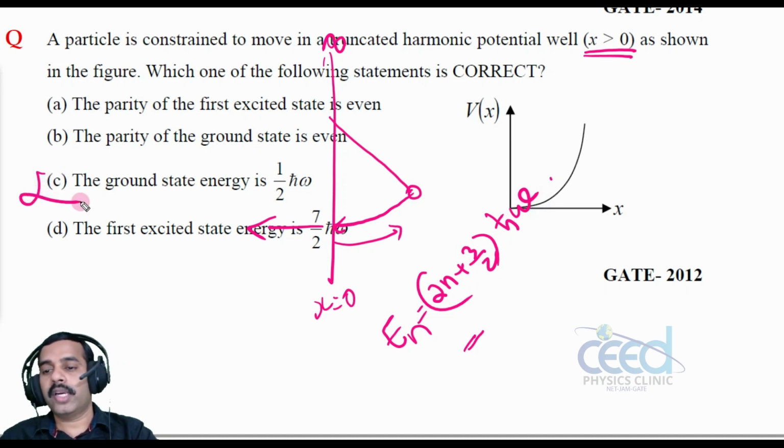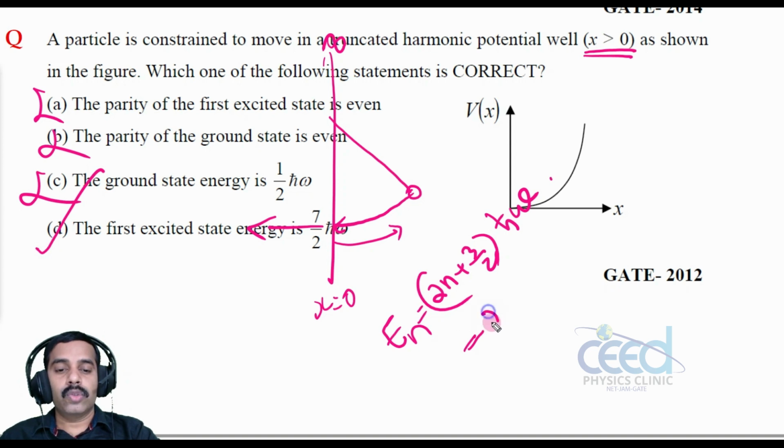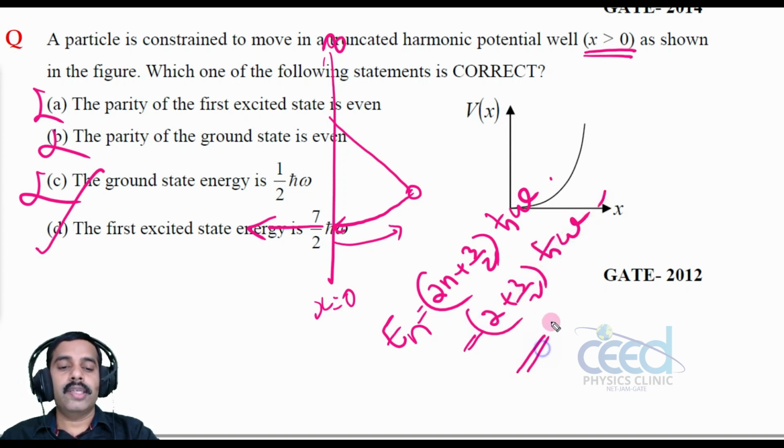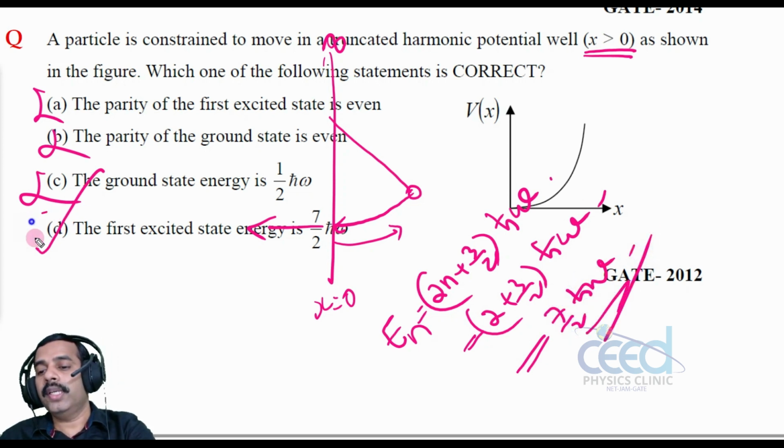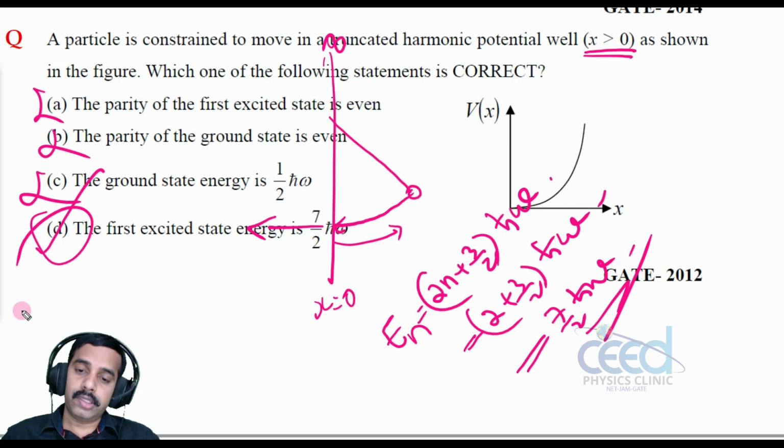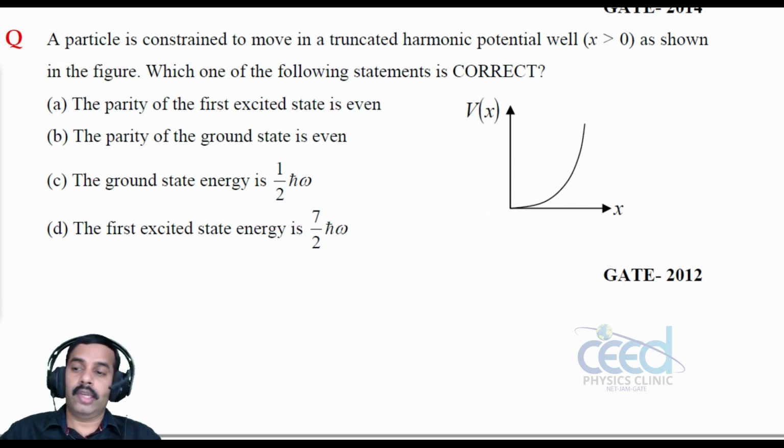So this is not correct, right? And this term not correct, this also not correct. Okay, but look into this case, n is equal to 1, so 2 plus 3 by 2 h cross omega, right? That is 7 by 2 h cross omega. So option D is correct regarding this half harmonic oscillator case.